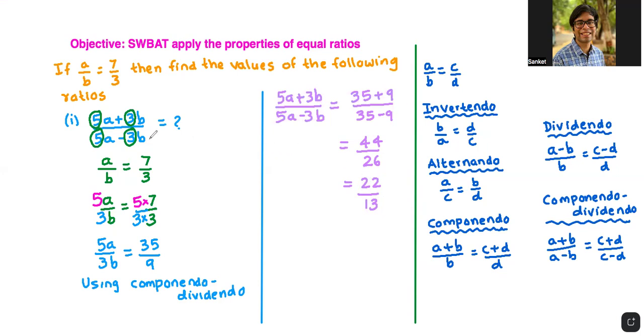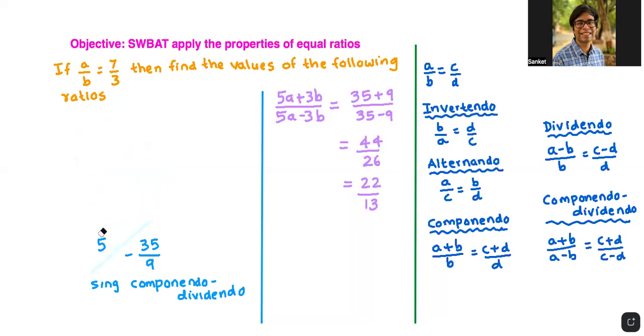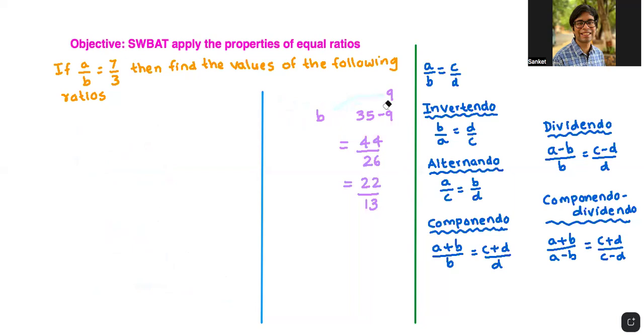Let's go to the next question. In the next question, I'm again starting with the same ratio. A upon B is equal to 7 upon 3.